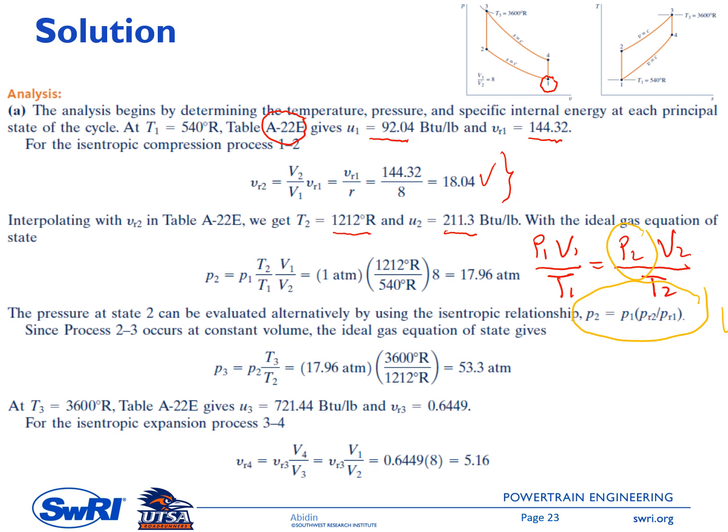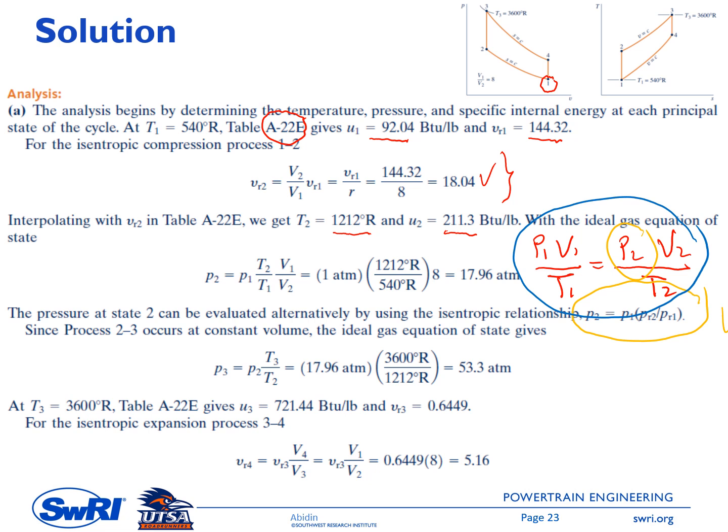And then since process 2 to 3 occurs at constant volume, you can also use the ideal gas formula here. Once again, you have this formula, but in this case V2 equals V3, so the volume parameter will cancel out.